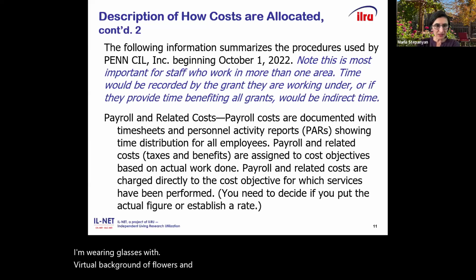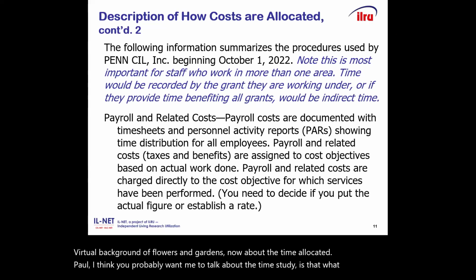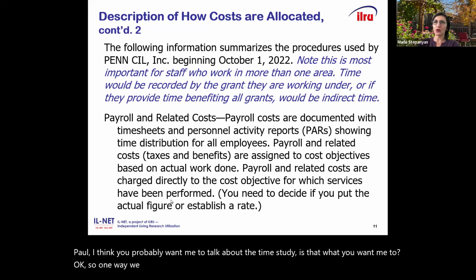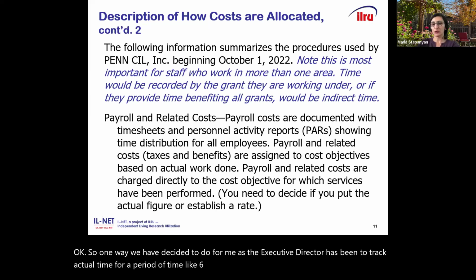Now, about the time allocated, Paula, I think you probably want me to talk about the time study. Is that what you wanted me to? Okay. So one way we have decided to do it for me as the executive director has been to track actual time for a period of time, like 6 months to a year.